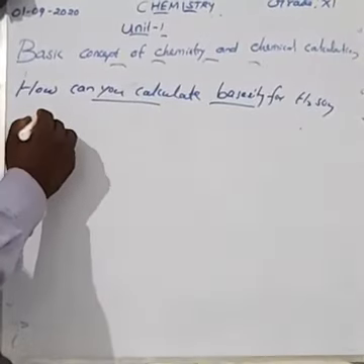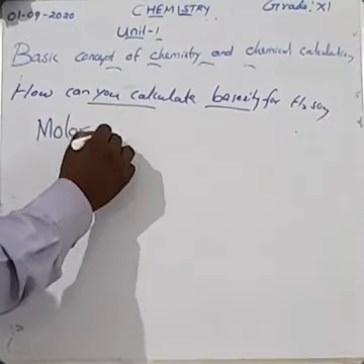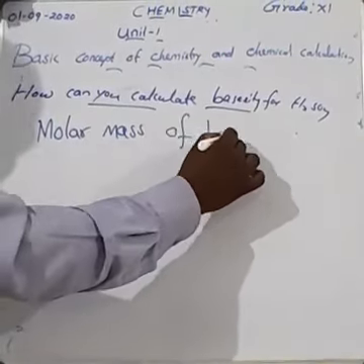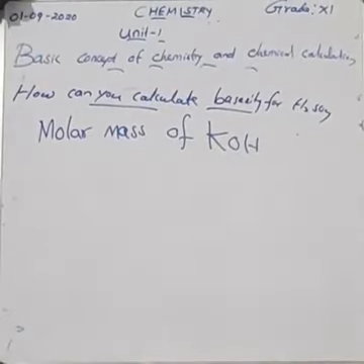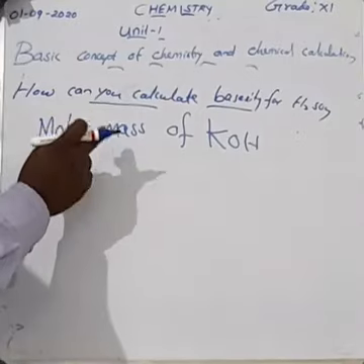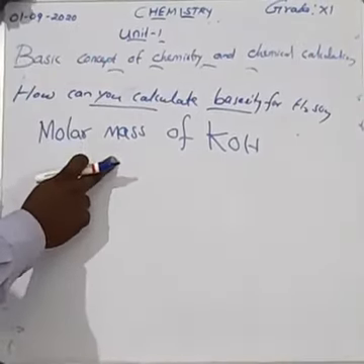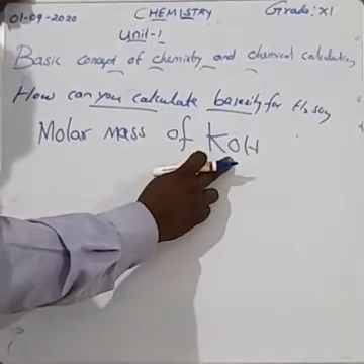Molar mass of KOH. How can you calculate the molar mass of KOH? First of all, how many replaceable, how many ionizable OH groups are there? 1. Clear? Only 1.